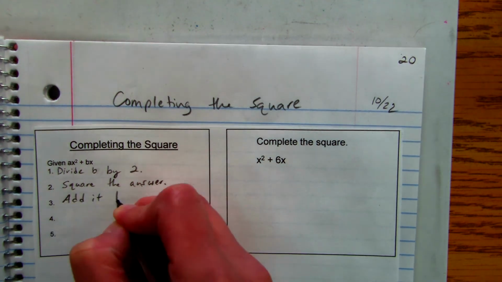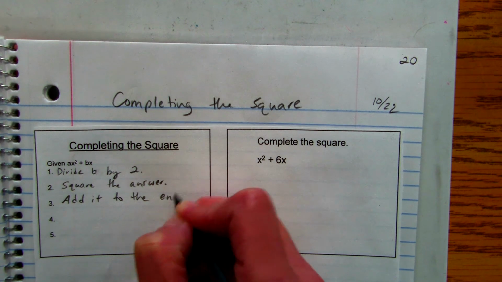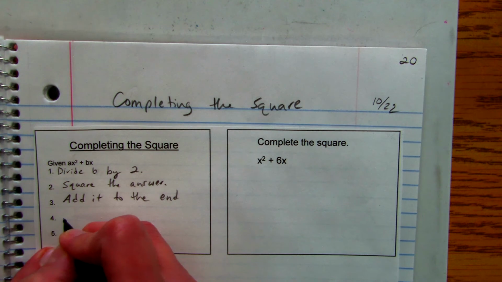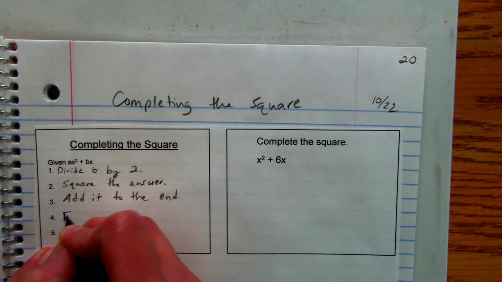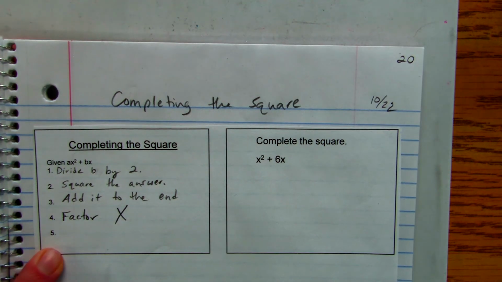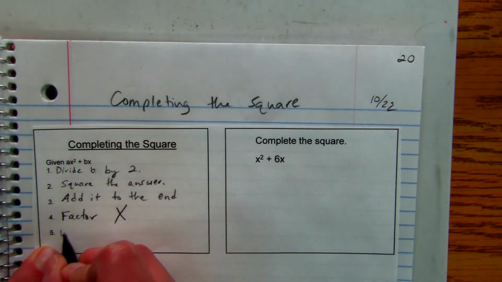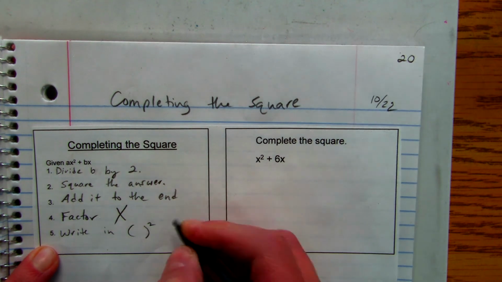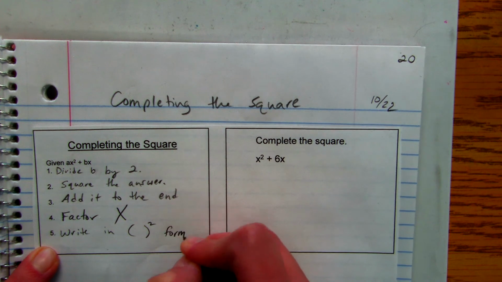Step 3, add it to the end. And then step 4, factor, and I'm going to put the little x there. And then step 5, write it in this squared form.